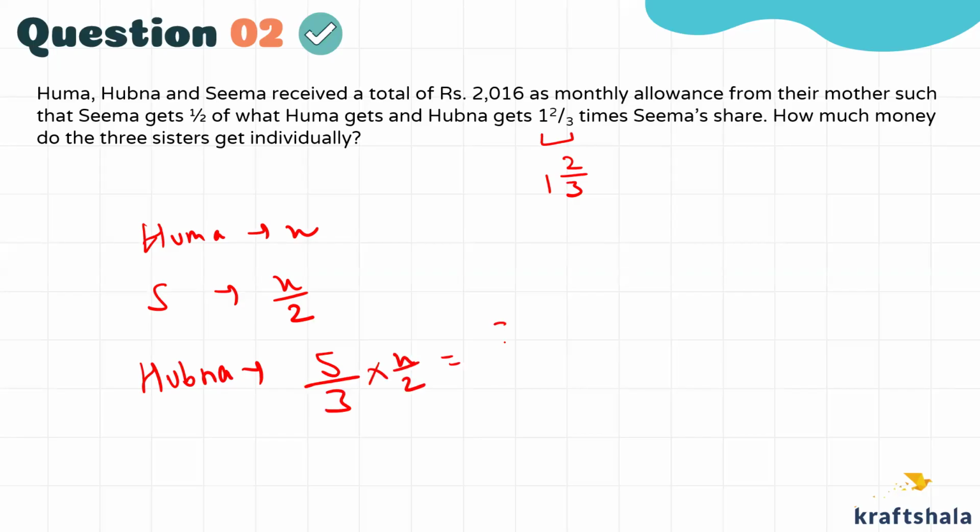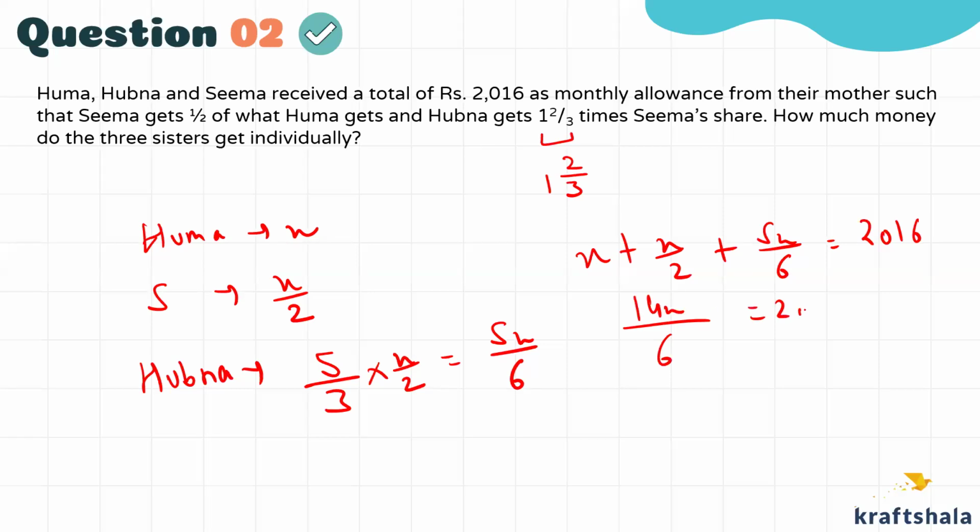That is X by 2. So 5x by 6. And the total amount is 2016. So same question, x plus x by 2 plus 5x by 6 is 2016. LCM is 6, 6x plus 3x, 9x plus 5x, 14x equals 2016.